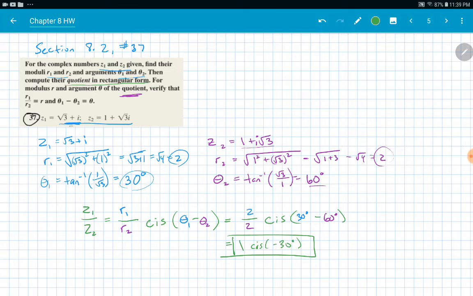But to find the answer in rectangular form, I can expand this to be cosine of negative 30 degrees plus I times sine of negative 30 degrees.